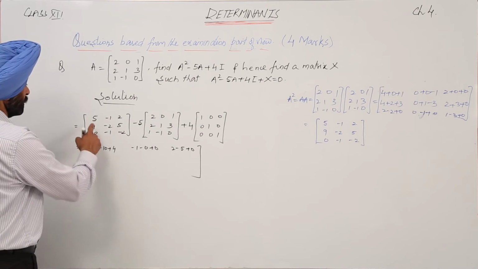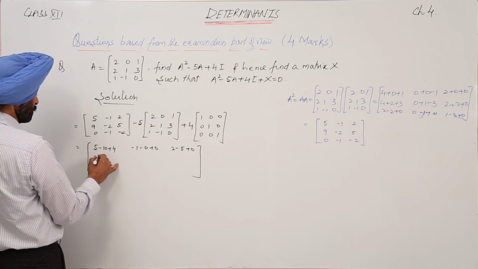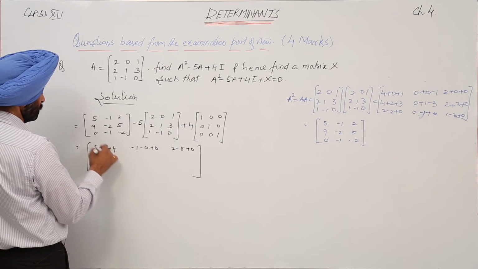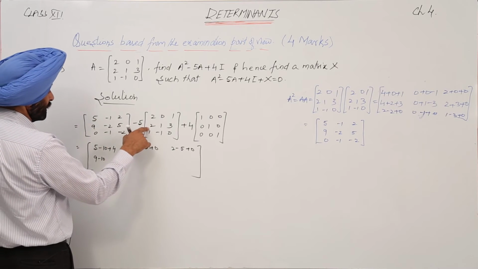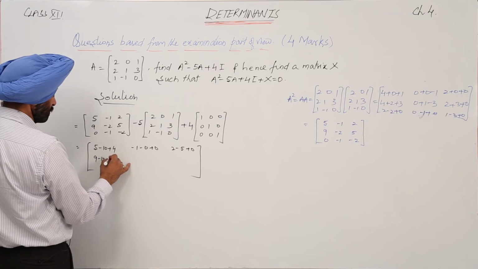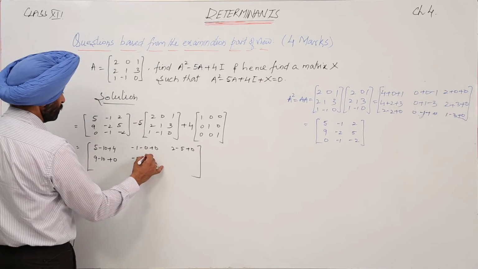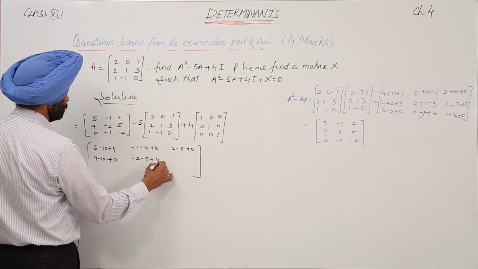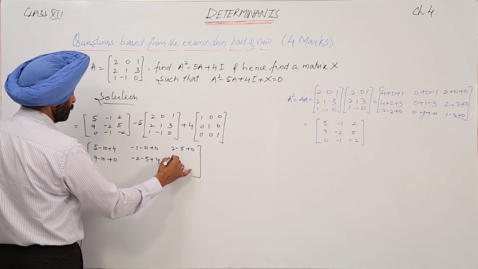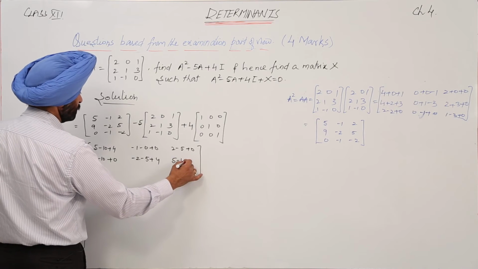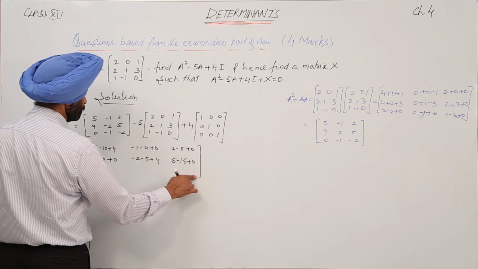Then 9 minus 10 plus 0, then minus 2 minus 5 plus 4, then 5 minus 15 plus 0.